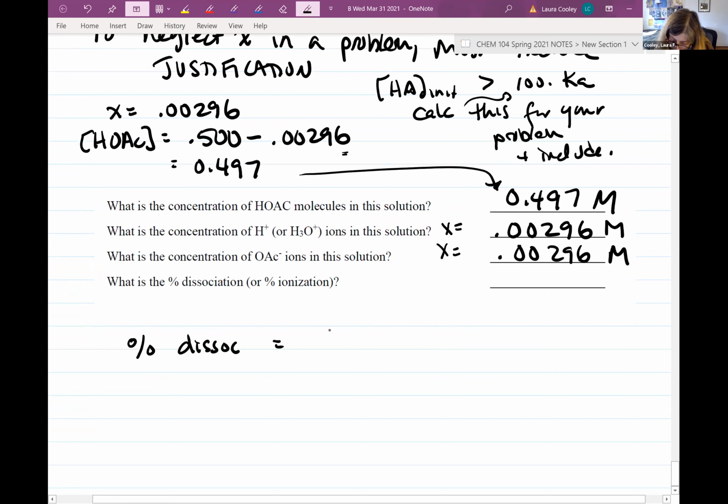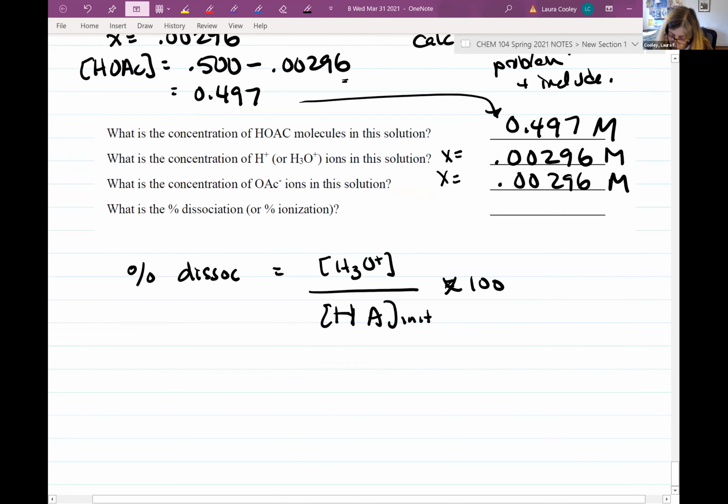It's the concentration of H3O plus over the initial concentration of the acid times 100. So it's 0.00296 divided by 0.5, right?